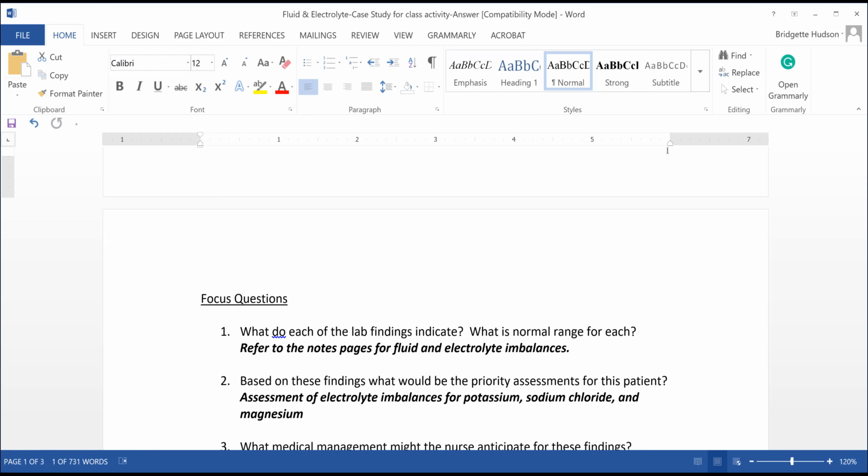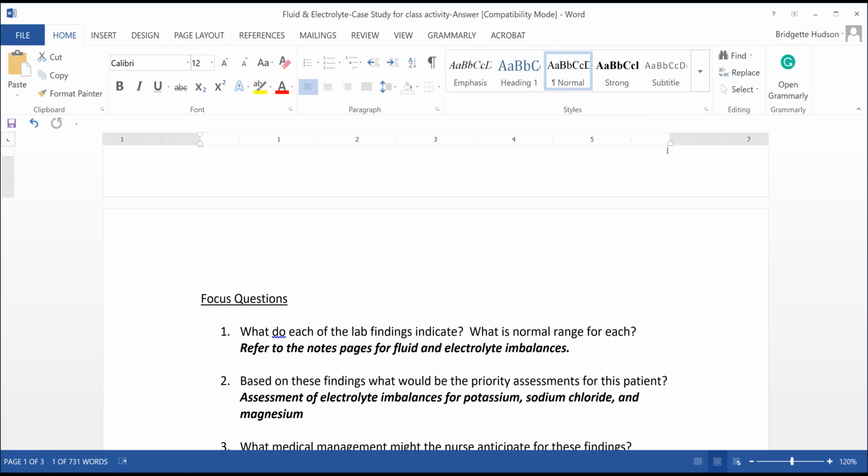And then we may be looking at some other therapies. You know, we may end up having to do the 3% sodium, because our level is super low. So we may have to watch that.